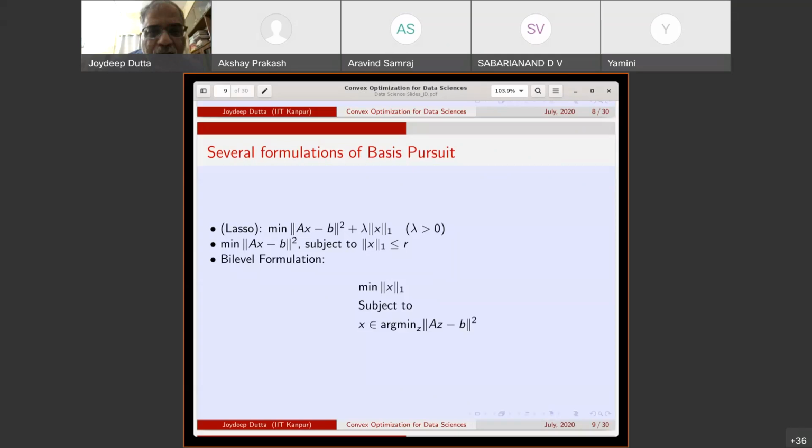There is another formulation, which is called the bi-level programming formulation. This is a formulation which has been done by my group here.